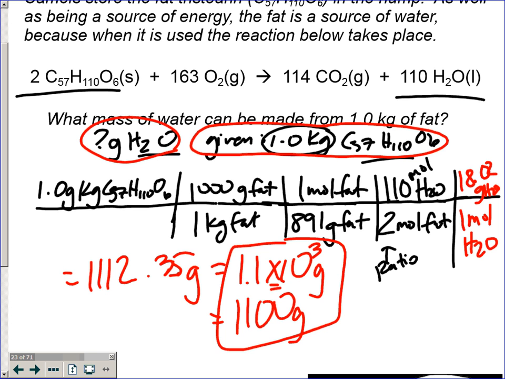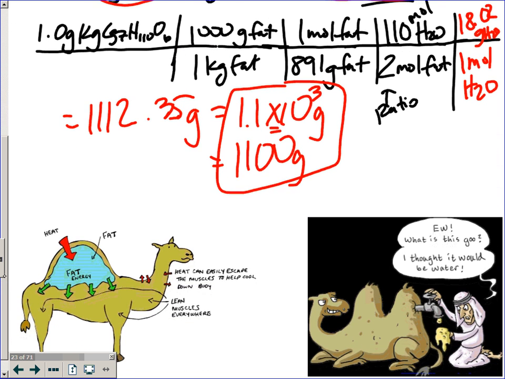Not just because it's a hydrocarbon. I know it's combustion because of the presence of oxygen as a reactant. So it's combusting this, and it's making water in the body of the camel. Why would that be beneficial? Because they're in the desert, and the desert itself doesn't have any moisture around. So it makes water itself, and it makes that much water, which is kind of a lot. Cool example, Miss Owen. Thanks, guys.